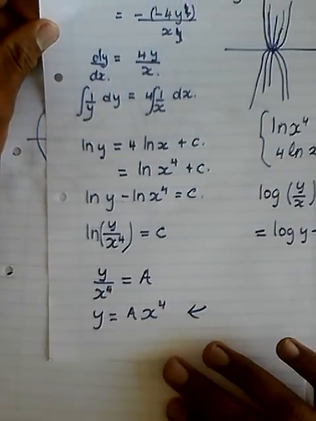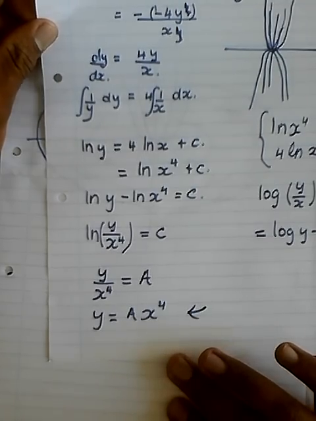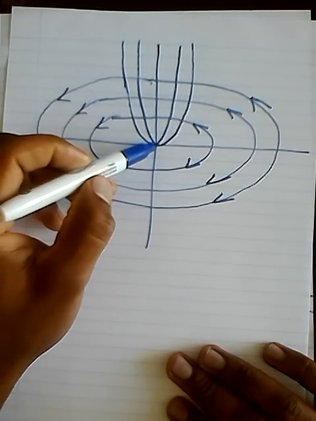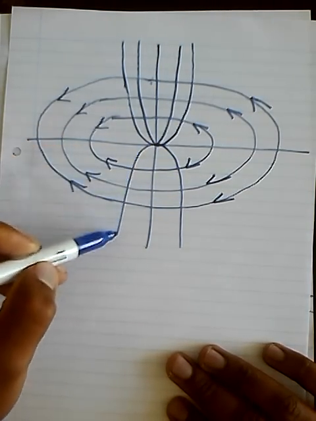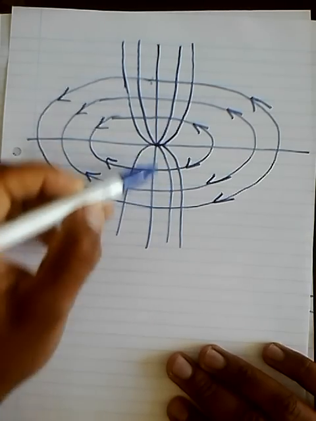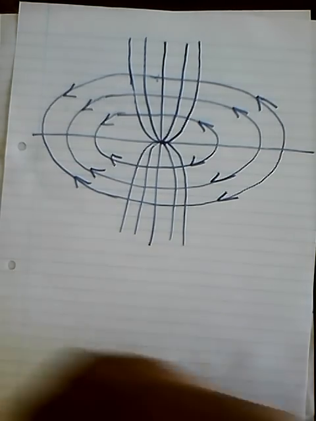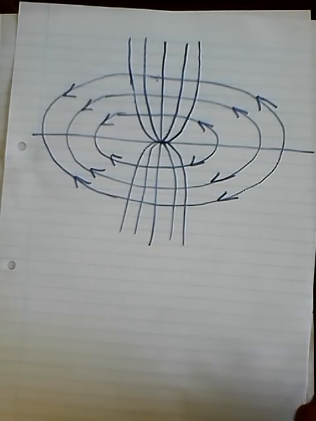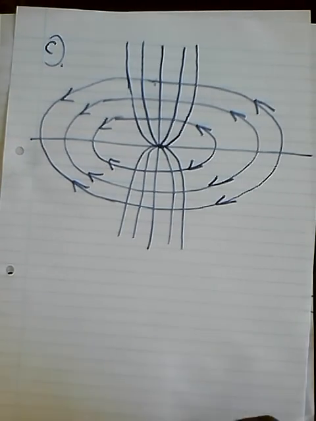We're not sure if a is positive or negative, but we want to draw all the possible orthogonal trajectories. This means that our curve can also take this route here. And one thing about orthogonal trajectories, we do not show direction on them. So this is the answer for part C.